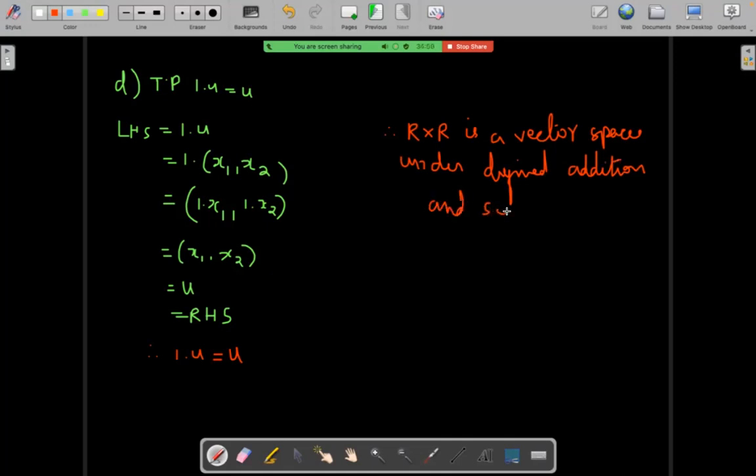So this is proved. So we need to prove the two claims as per the definition of vector space. Hence proved.